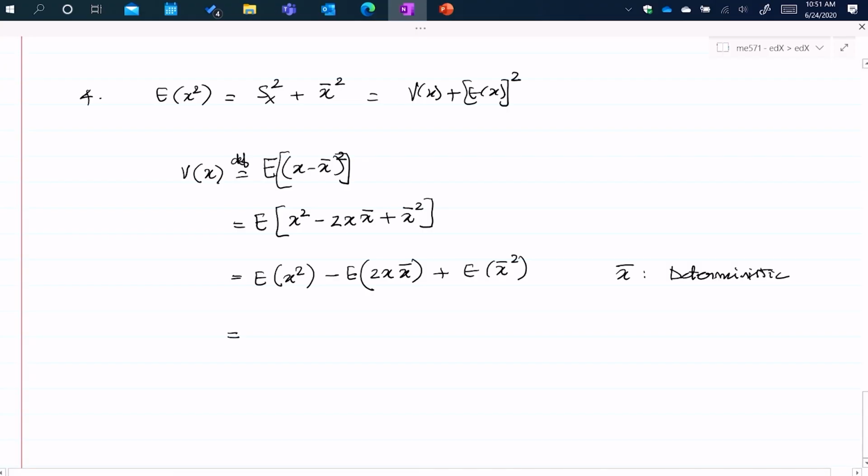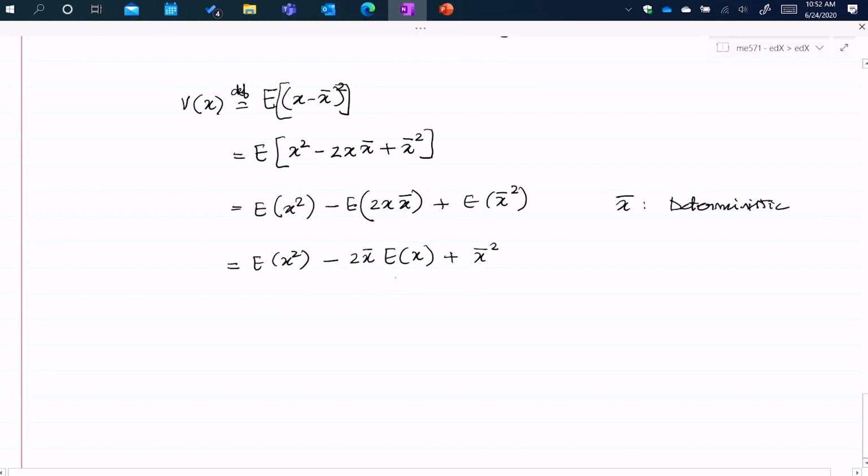And therefore, I can write this as the expected value of x squared minus, now I can take the constant out, because the expected value of a constant times a quantity is the constant times the expected value of the quantity. Now I can take x bar as a constant value because it's already been determined. There's no uncertainty to that. Plus the expected value of a constant is the constant, so I'm going to write it that way.